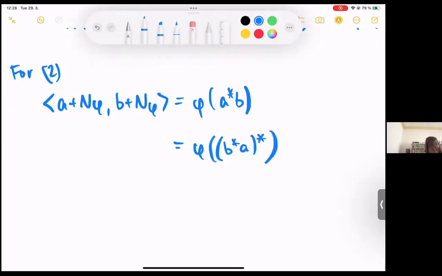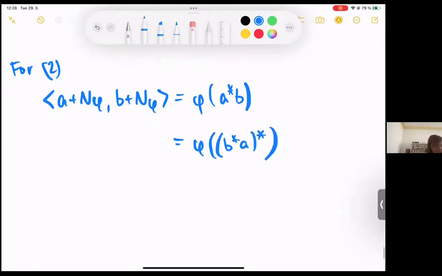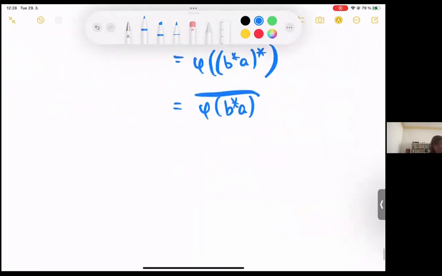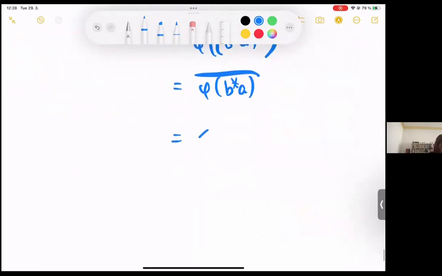And since phi is positive, this is just going to be what we wanted.